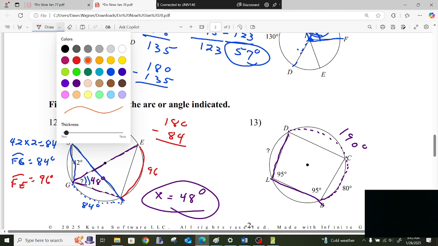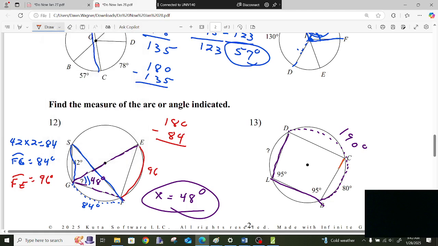So Howe said that if you looked at this side over here, that this arc is also 190. So this one would have to be 80, is what you're saying, because over here this missing piece was 80. So this would have to be 80. Because there was like an overlap.